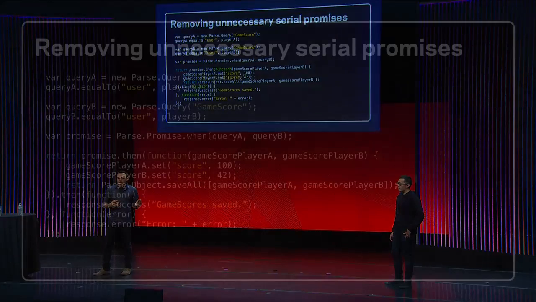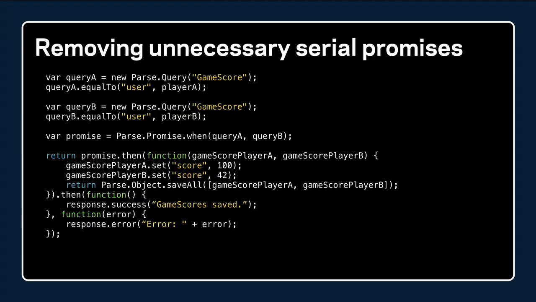We would have one promise called Parse.Promise.when, which takes 2 queries. When you use .when, every single promise that you pass to it, we will wait for all of those operations to finish before we go to the next step.